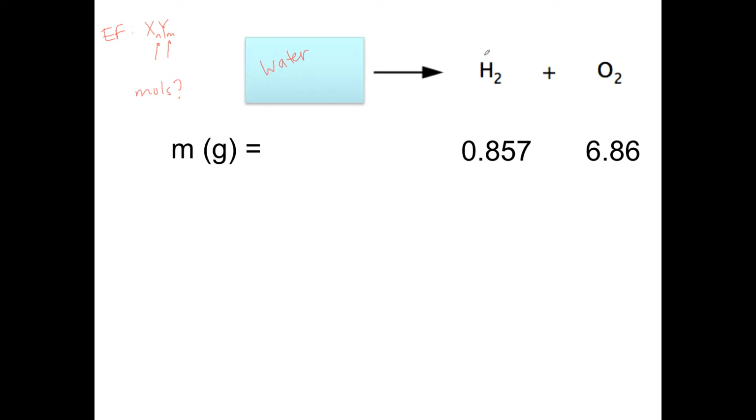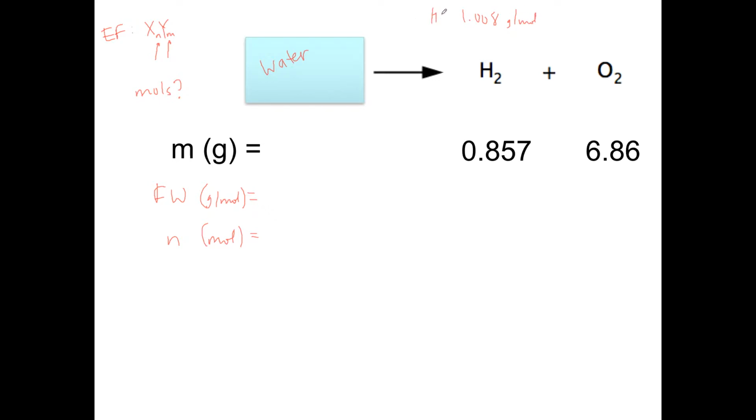If I know what this is, that's H2, I know the mass of it, so I'm going to say the formula weight in grams per mole. We did this in a previous section. The formula weight, and then from the formula weight, I'm going to get the moles. So what's the formula weight of H2? Well, H, according to the periodic table that you've got in front of you, is 1.008 grams per mole.